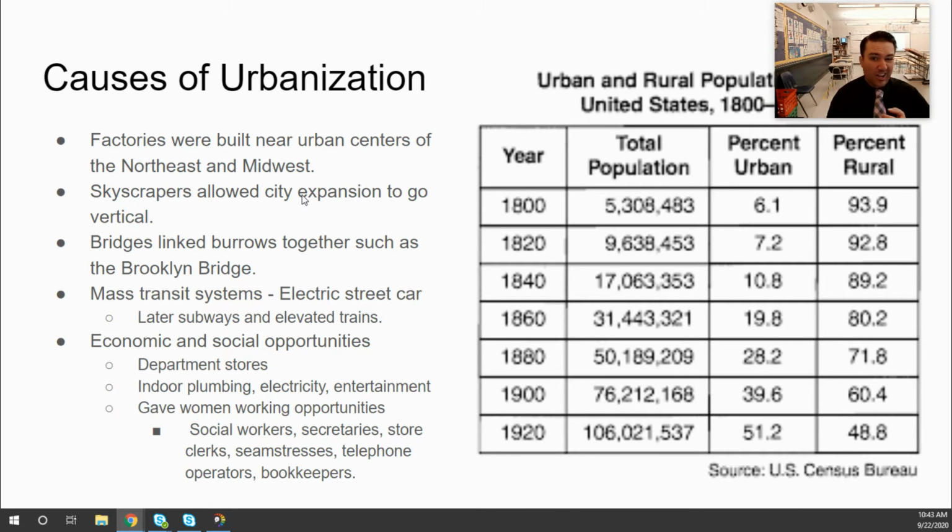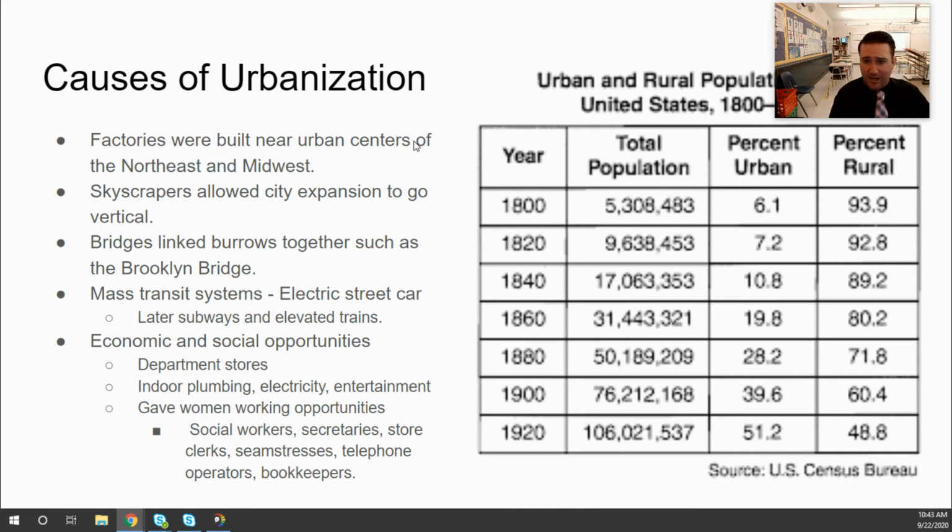So cities like Chicago, Cincinnati, Cleveland, and Detroit are all going to expand in size because that's where the factories are being built. Skyscrapers are another reason urbanization continues to be a big trend. These cities only have so much space to put people and factories both.